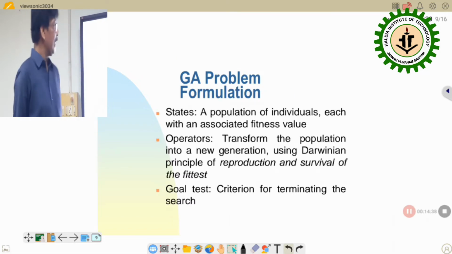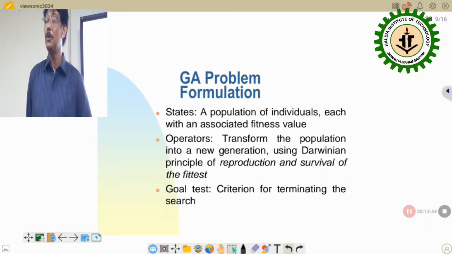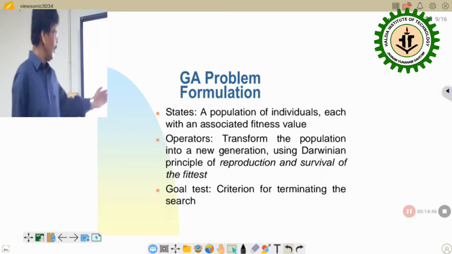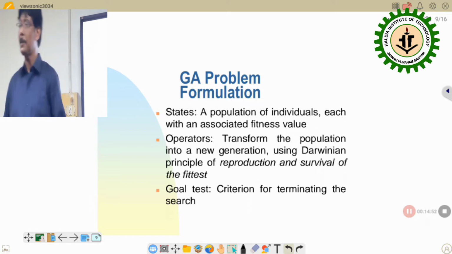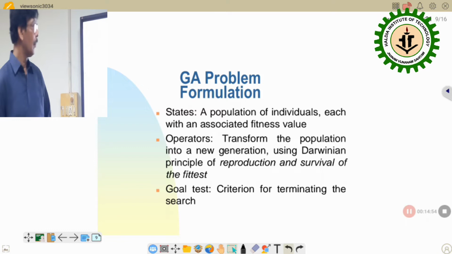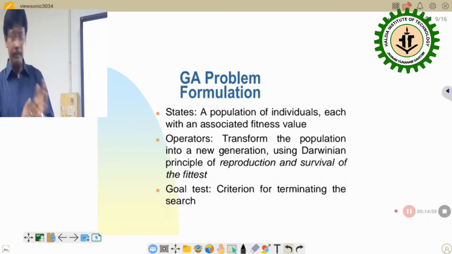These are the states: a population of individuals, each with an associated fitness value. The first generation population you have to choose randomly. The operators transform the population into a new generation. Then it will produce the offspring for the new generations using Darwin's principle of reproduction and survival of the fittest.